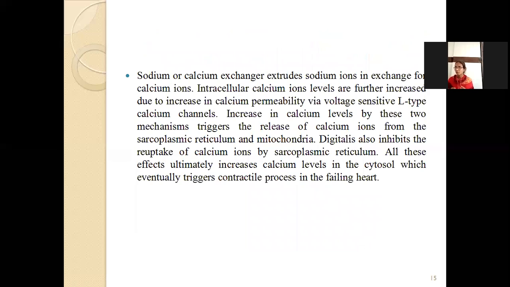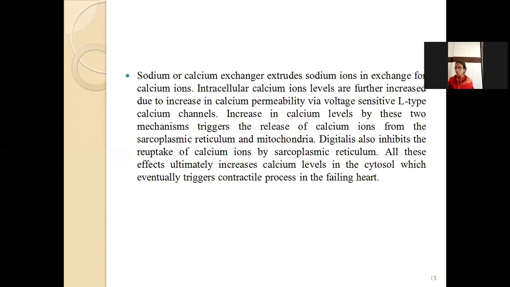So here the digitalis will inhibit the reuptake of the calcium ions by the sarcoplasmic reticulum. Due to the presence of the calcium ion, it may lead to the contraction of the muscle, and we should not require the contraction of the muscle.